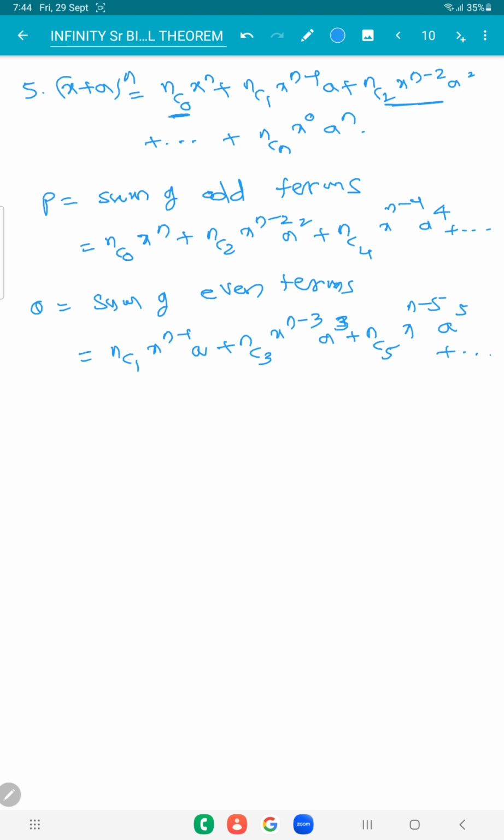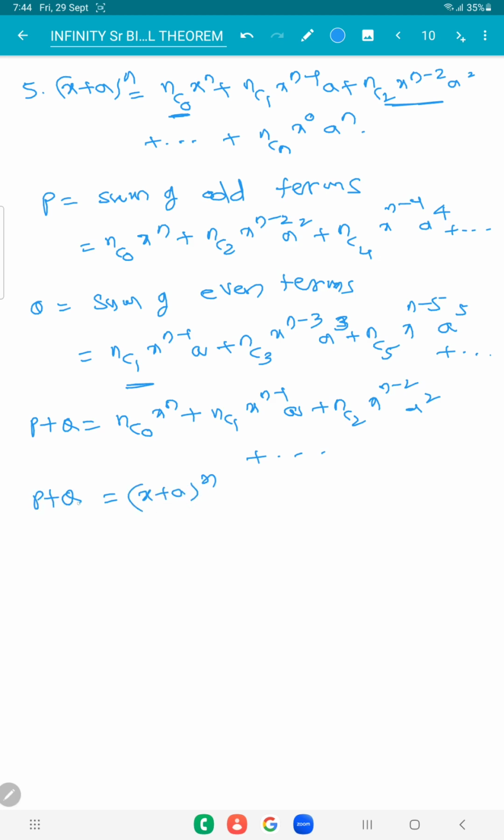So P and Q are there. Let us observe what happens if we add these two. P plus Q: we will get nC0 x power n, then nC1 x power n minus 1 a, then nC2 x power n minus 2 a square, plus and so on. This is nothing but (x plus a) whole power n.